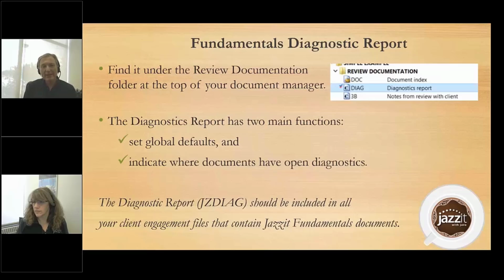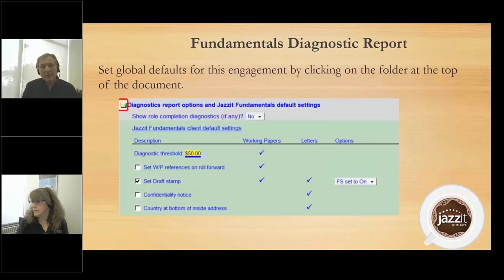The second part, again, indicate where diagnostics are open on certain documents. So in this case, it indicates where there's an update, just like in checklists, but it also indicates where there could be a difference between something on the financial or on that document and what's in the CaseWare trial balance, okay?